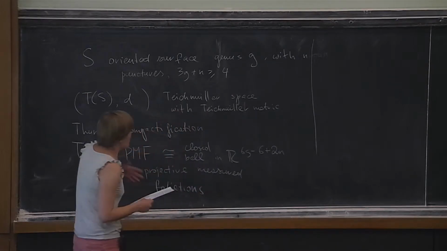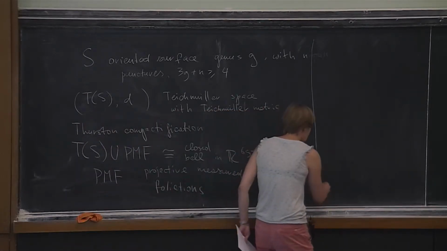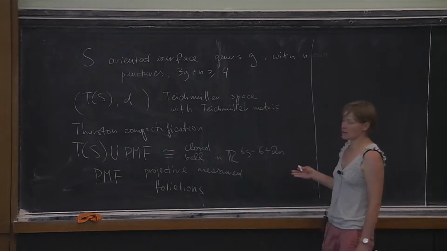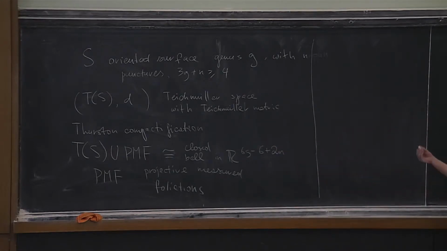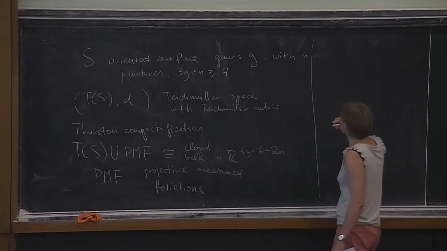Okay, so maybe it makes sense to say what it means for a sequence in Teichmuller space to converge to a projective measured foliation.